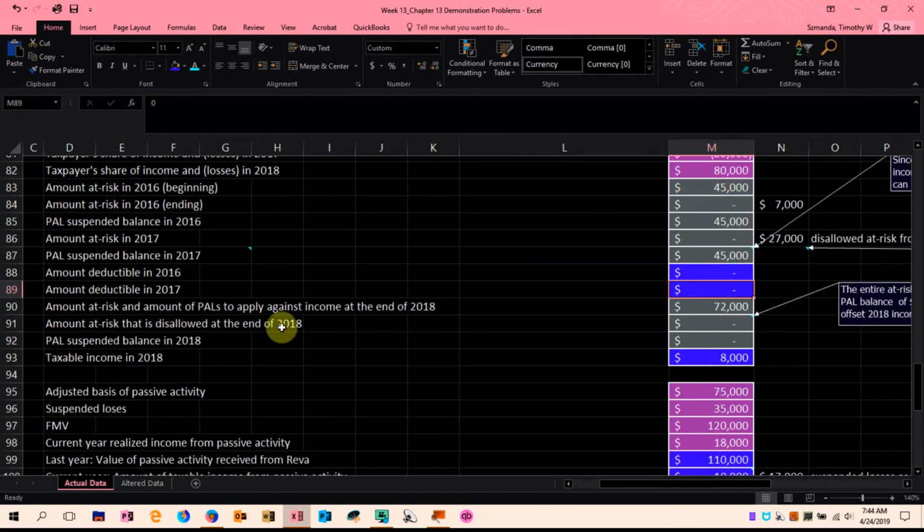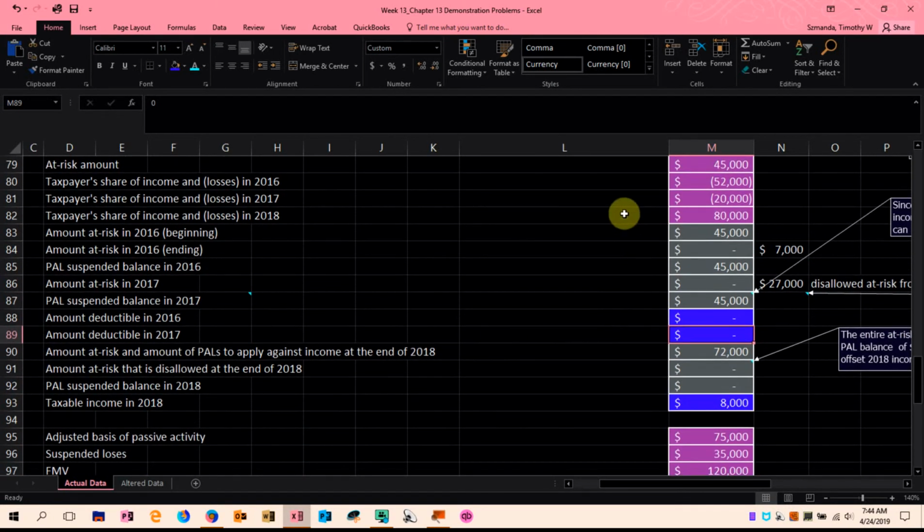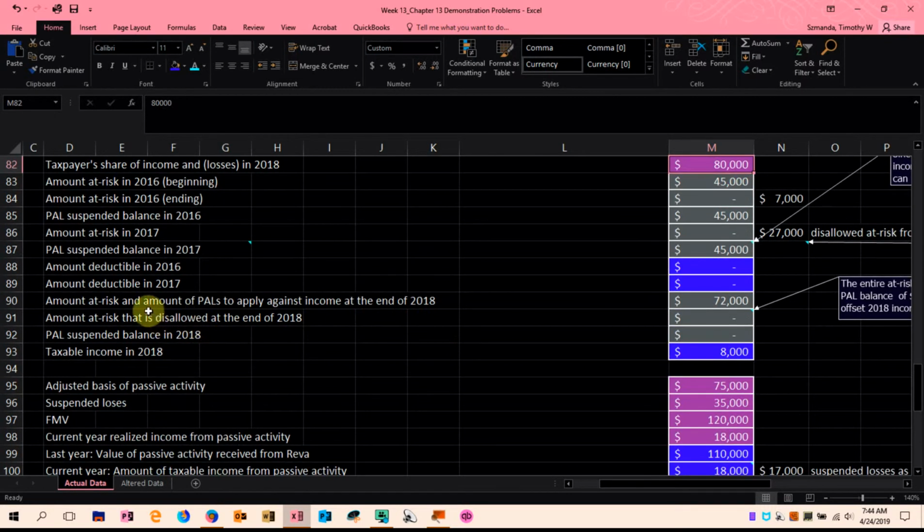Next issue, now we're moving on to 2018. Remember, in 2018, they made some money, $80,000 in this passive activity. That increases the at-risk amount, and now we might be able to take some of these suspended passive losses and deduct them against some of the income. Okay, so the part for 2018 changes things a little bit.